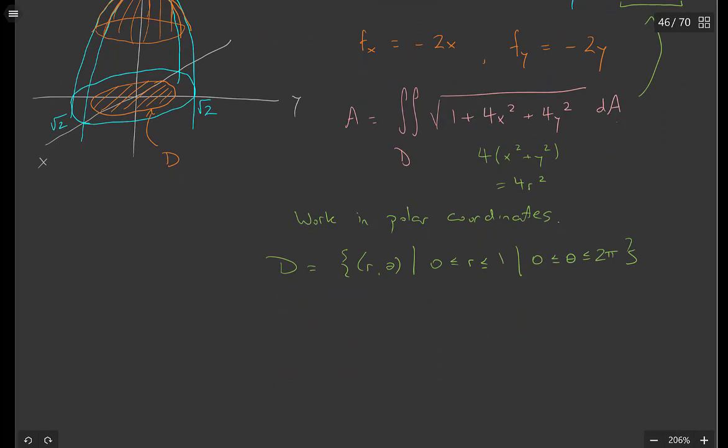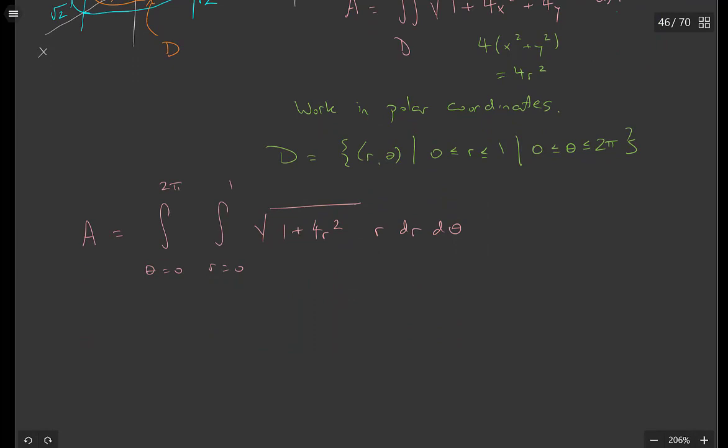All right, so that integral is equal to the integral from theta equals 0 to 2 pi, r equals 0 to 1, of the square root of 1 plus 4r squared, and then r dr d theta. Notice there's no theta dependence anywhere in here. And this is because we have circular symmetry.